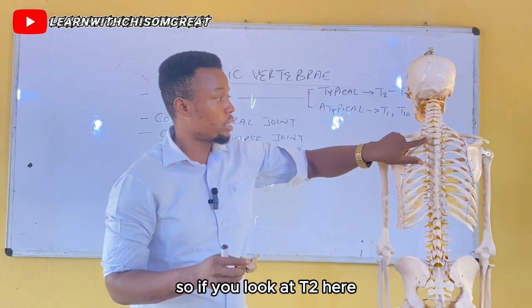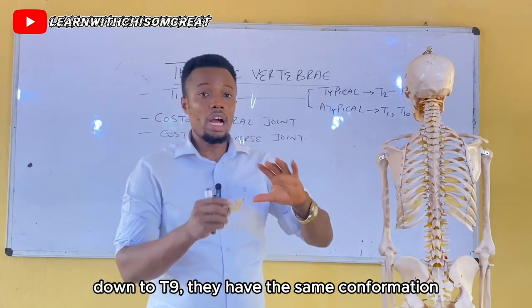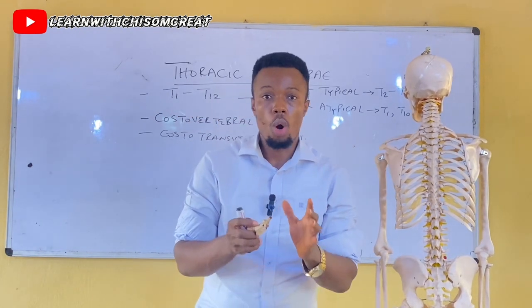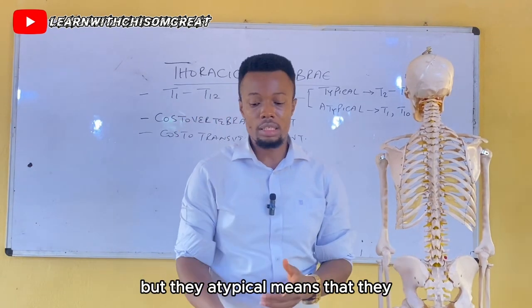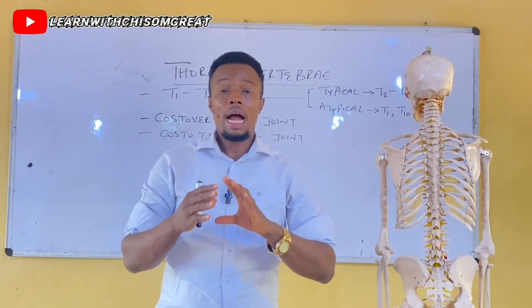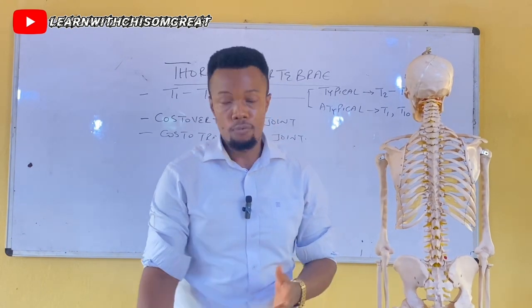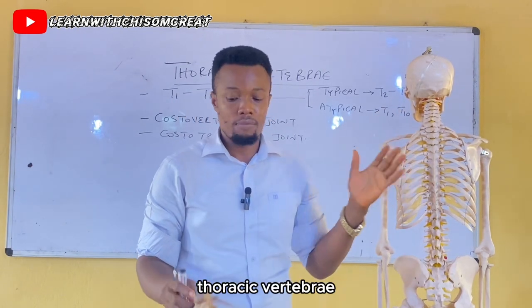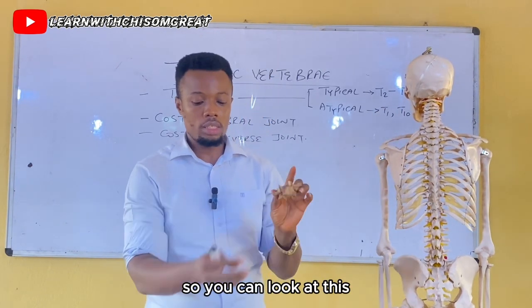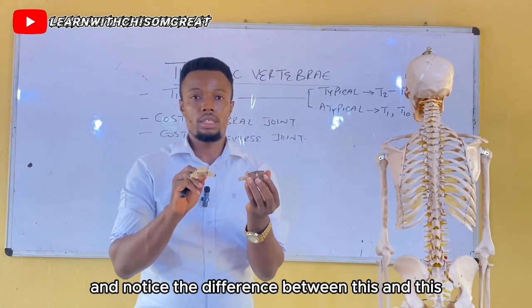If you look at T2 down to T9, they have the same conformation or appearance. But atypical means that they are dissimilar, they do not look alike from the general appearance of the thoracic vertebrae. You can look at this and notice the difference between this and this.